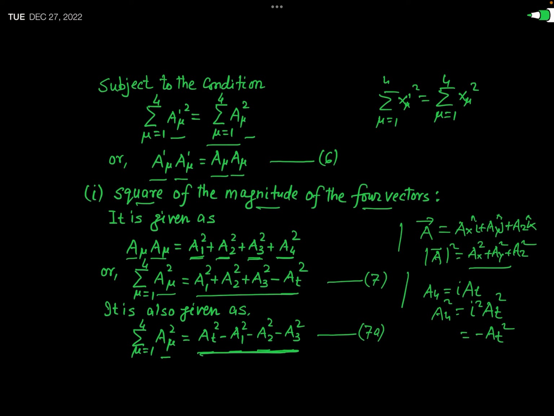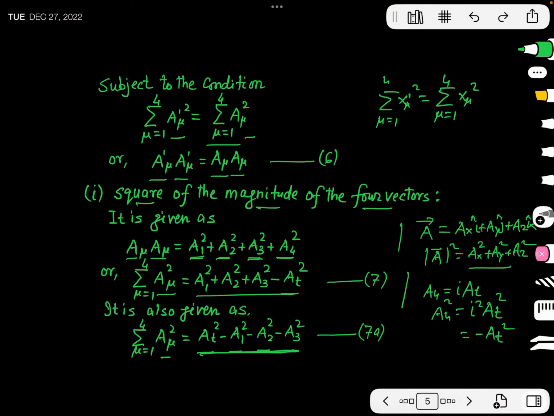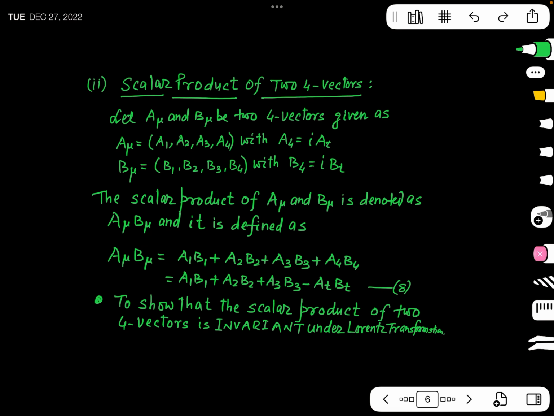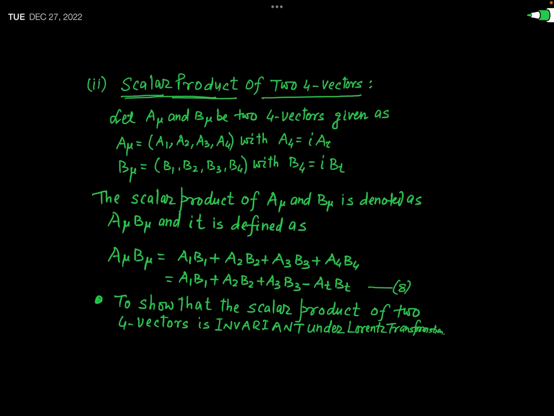Now, how we can find the square of the magnitude of a 4 vector you have learned. Now, see another property of this 4 vector. Now we are talking about how to find the scalar product of two 4 vectors.